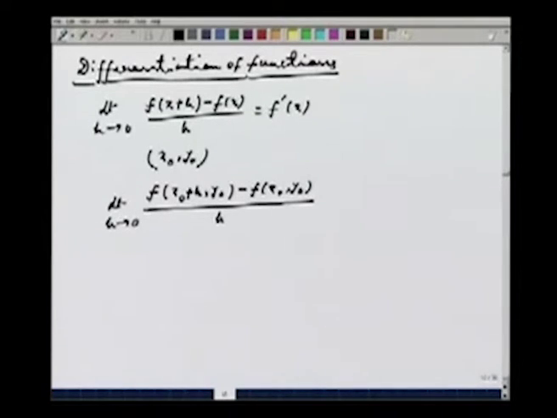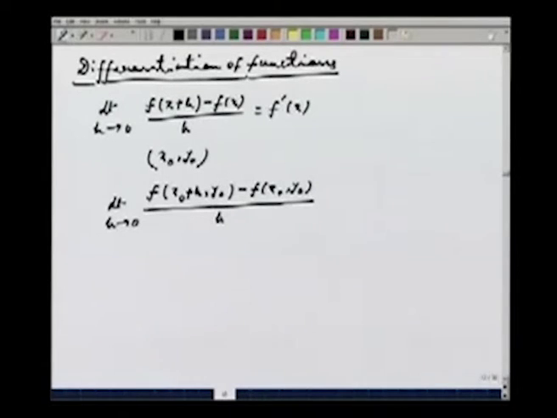If this limit exists, I would like to say that f is differentiable at (x naught, y naught). It's not really doing justice to y naught, we can see that immediately, but still this limit might exist. We call it del f del x at (x naught, y naught).